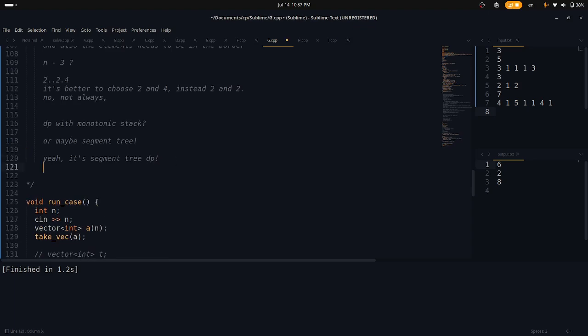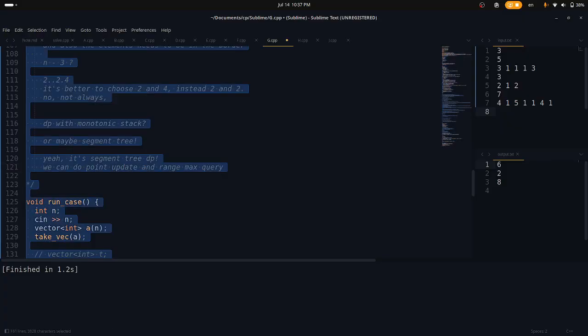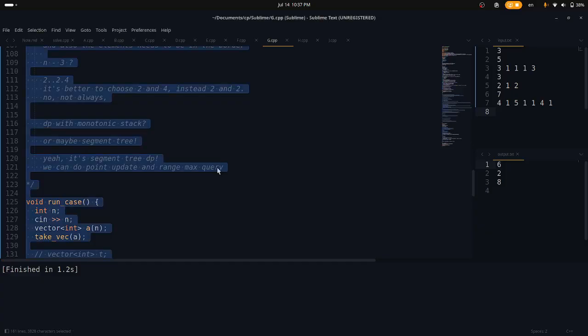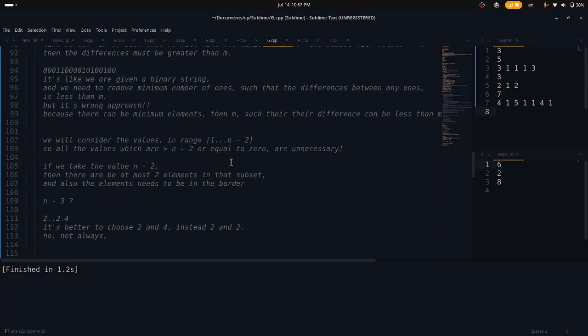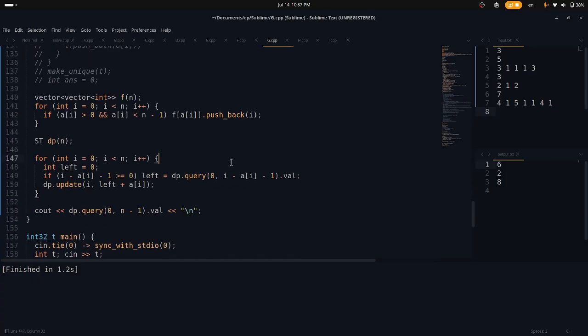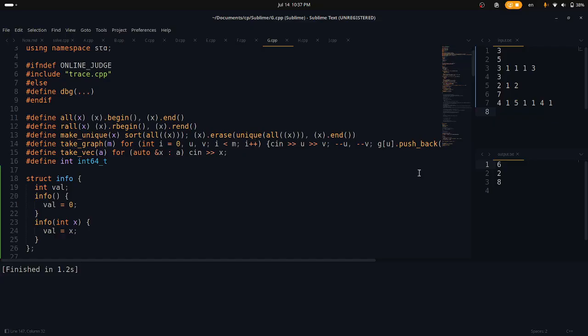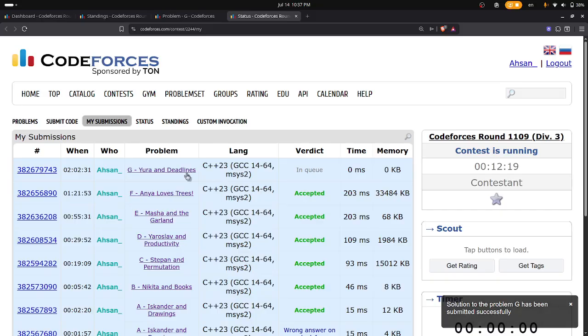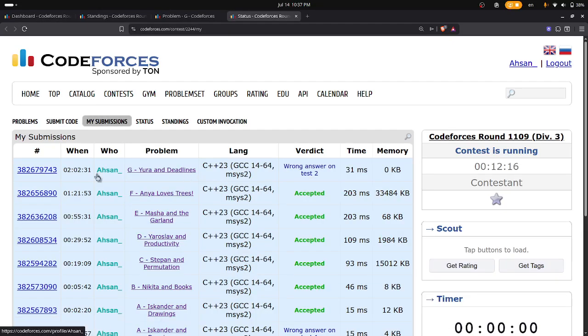Why is it a segment tree? Because we can do point update and range max query. Define long, right? Yeah. Wrong on test 2.